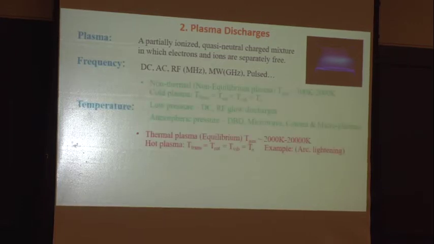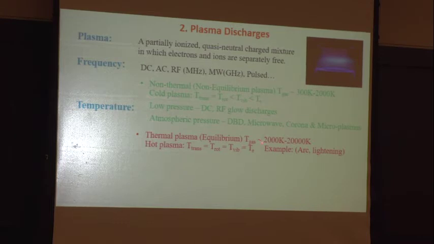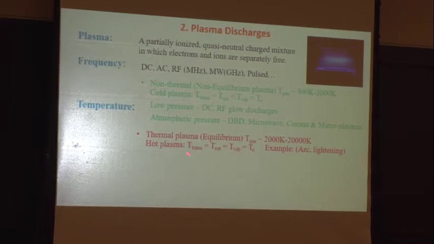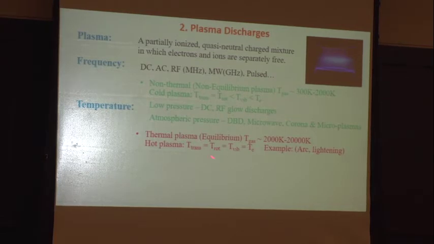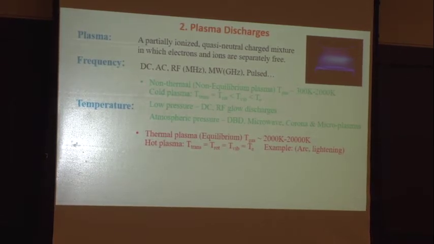And also you classify plasma in terms of temperature. For example, we call one a thermal plasma. That means that it's very hot. By thermal, I mean the neutral molecules, the gas temperature, ranges from probably 2,000 to 20,000 kelvin or even higher, depending on how much energy you put in, right? And in that case, the translational temperature of molecules, rotation, vibration, and electron temperature are all almost the same.